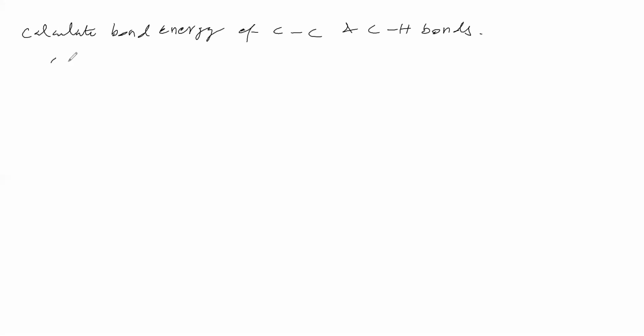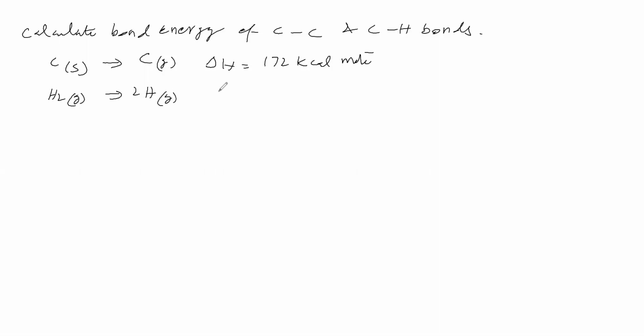Carbon solid converting into carbon gas, delta H is equal to 172 kilocalories per mole. Next equation is H2 gas gives 2 hydrogen atoms in gaseous state, delta H value is 104 kilocalories per mole.